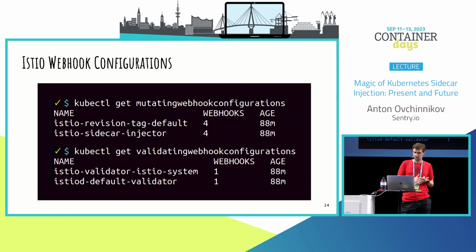So if we take a look at what Istio does, Istio defined two mutating, two validating configurations for those controllers. And as we can see here, for mutating ones, Istio has 4 webhooks per configuration, because you can specify more than one webhook inside a configuration.